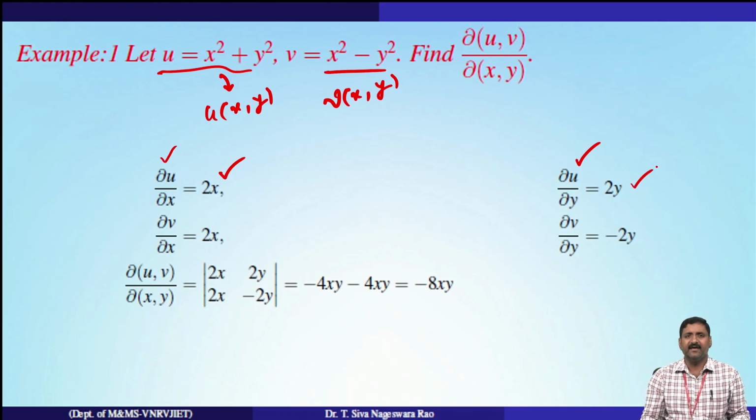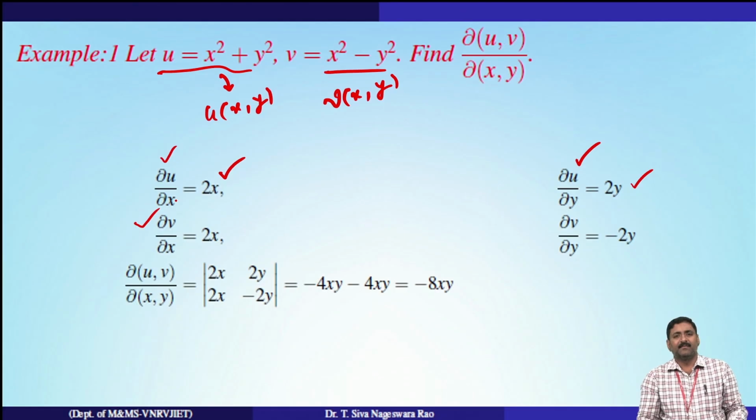In the same way, we will apply partial derivative to v with respect to x as well as with respect to y. So dou v by dou x by treating y as constant. So the derivative of x square is 2x. Similarly, the partial derivative of v with respect to y by treating x as constant. Sorry, the derivative of y square is 2y.